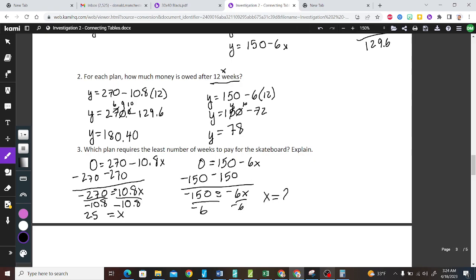Gasp, no way. Both plans will take 25 weeks to pay off. Check your pulse, because that's crazy.